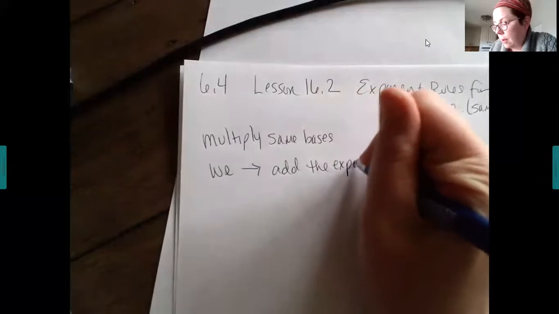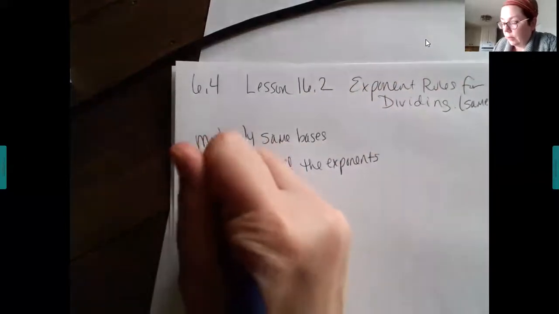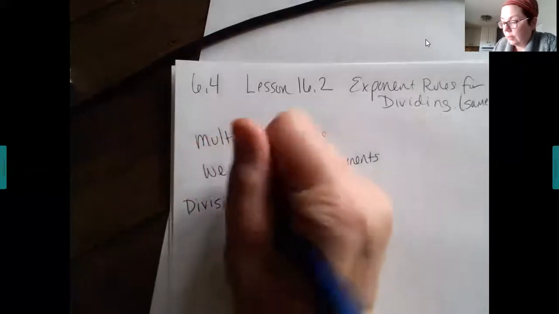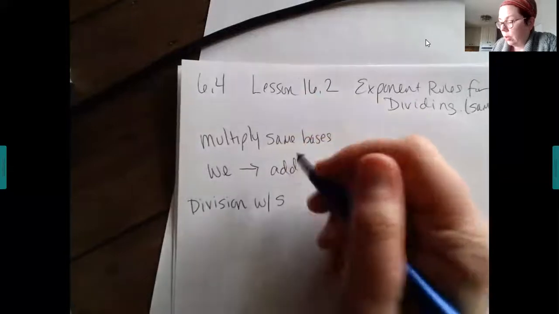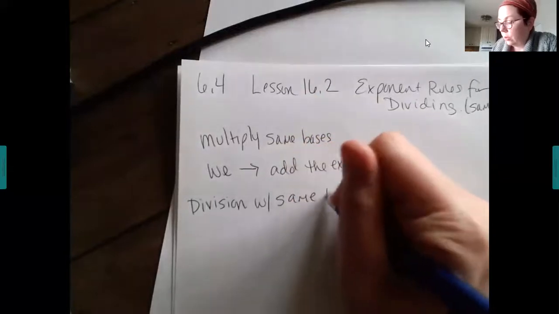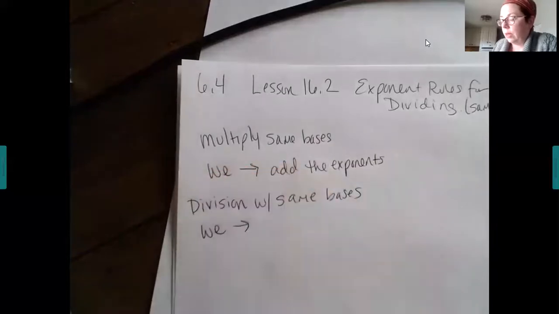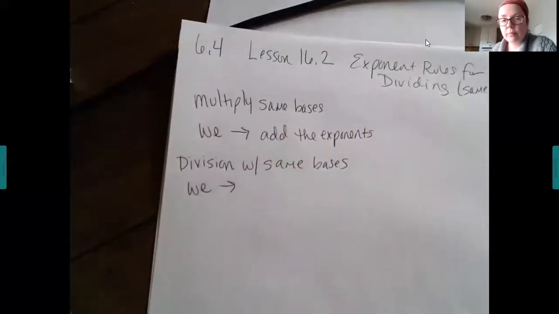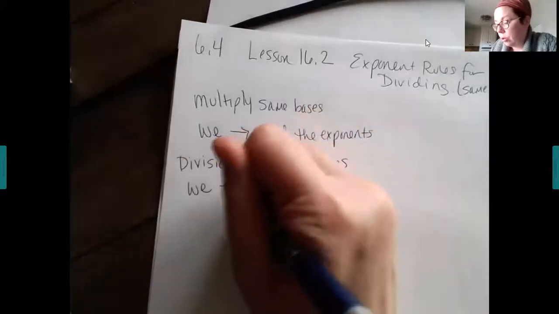All right, so division is like the opposite of multiplication. And so what do you think we do if we are dividing with the same base? What do we do with those exponents? The opposite of addition. We're going to subtract.